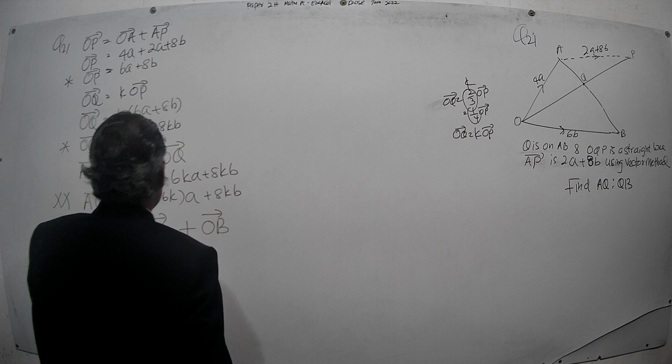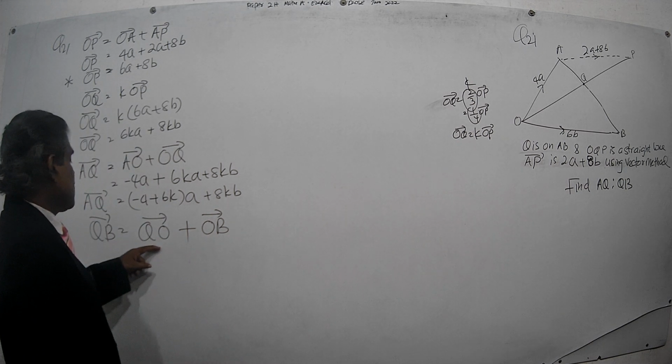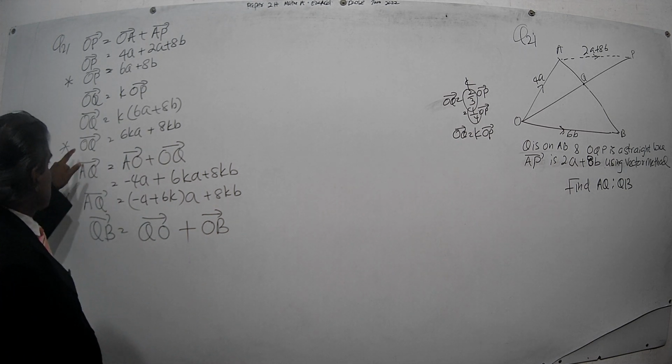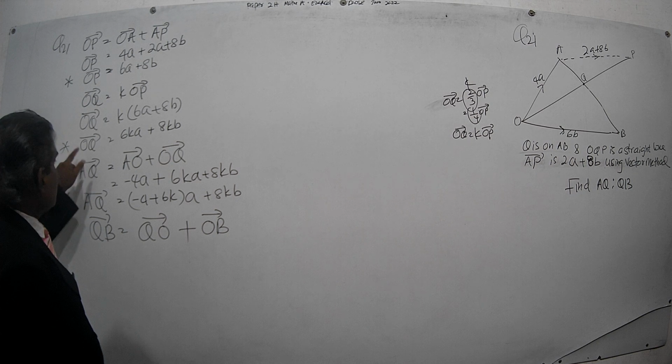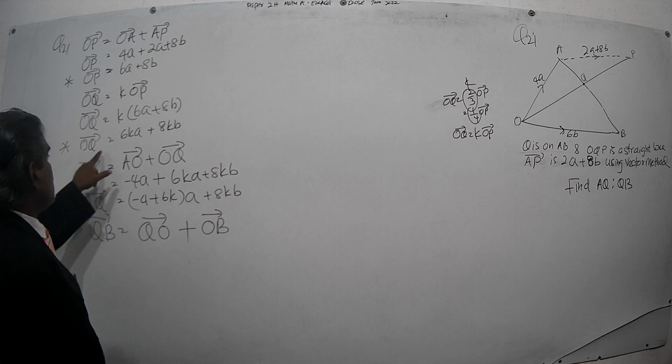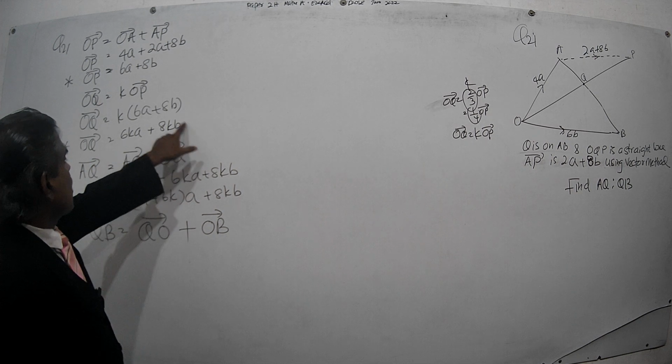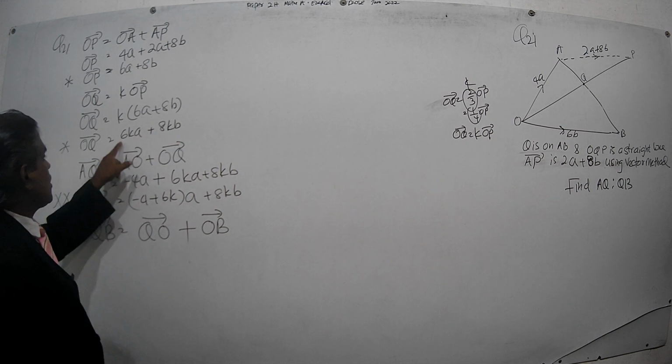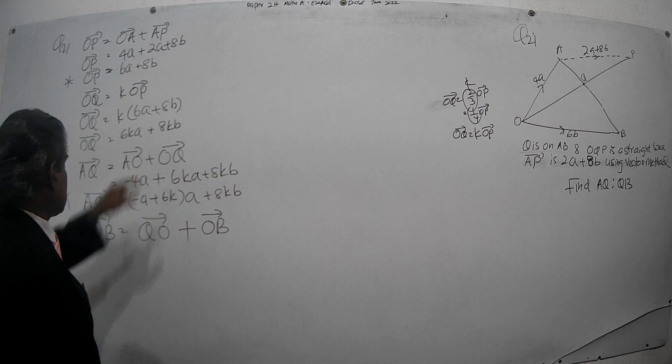Vector QO is the reverse vector of vector OQ, this one.